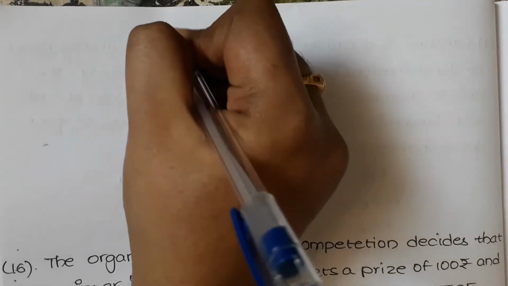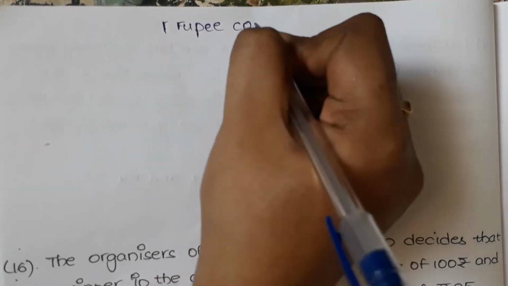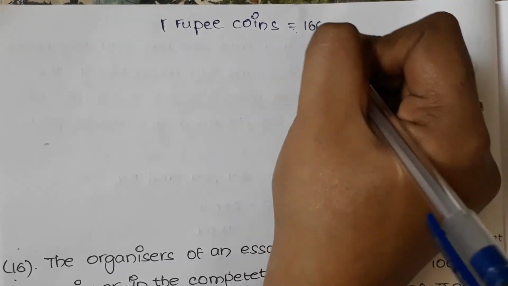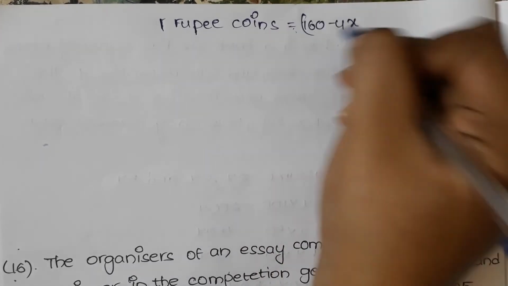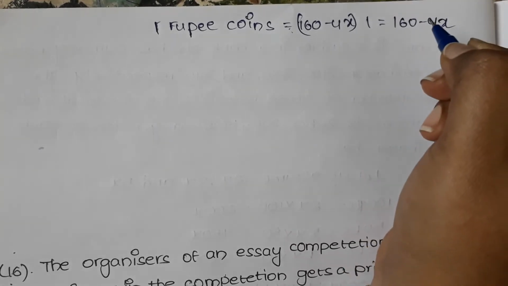And now the 1 rupee coins value equals 160 minus 4x into 1, that is 160 minus 4x.